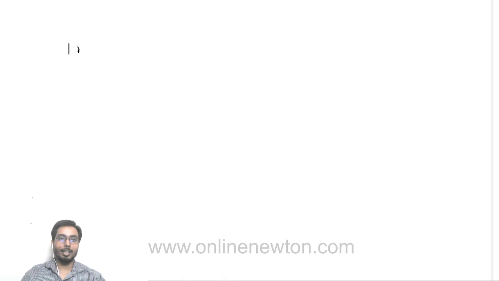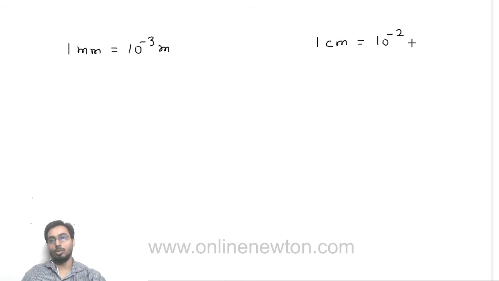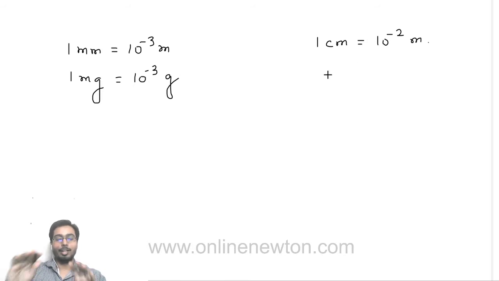So if I'm writing 1 millimeter, then it's basically 10 raised to minus 3 meters. That's it. So we'll use the prefix with the meter. Similarly, centimeter is basically 10 raised to minus 2 meters. If I get into milligrams, it would be 10 raised to minus 3 grams, not kilograms. Okay, we are not dealing with SI unit.